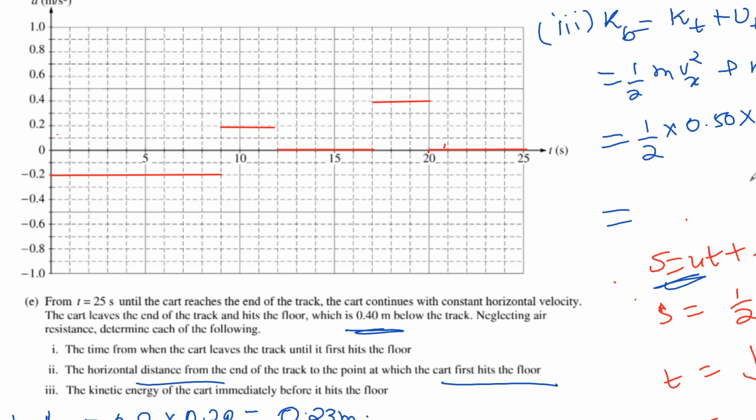I mentioned g as 10, so you can even use 10 or you can even use 9.8. Here I've written 10. So if we solve it, we get the value of kinetic energy at the bottom as 22 joules.